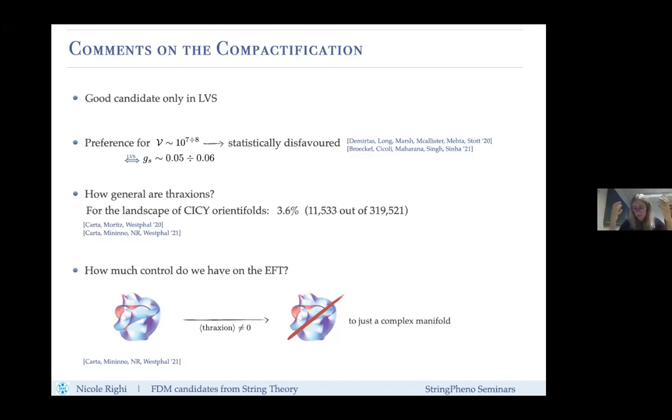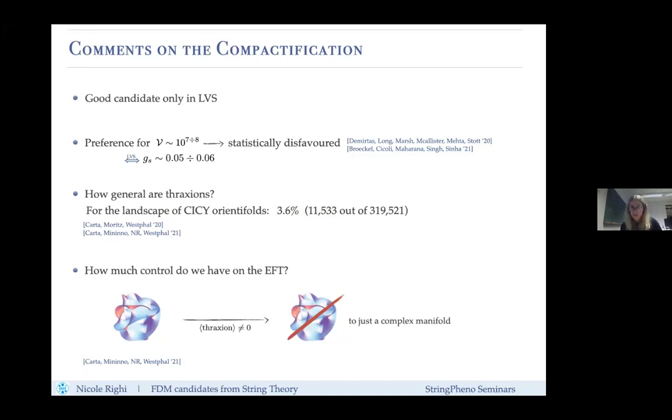However, when we ask these orientifolds to have a viable effective field theory, we see that a very small percentage of them is able to provide it. Actually, it's not a small number, but the total fraction is small. It will be very interesting to see what this number is for the Kreuzer-Skarke orientifolds, but we just have the CC orientifolds, so we worked with that.